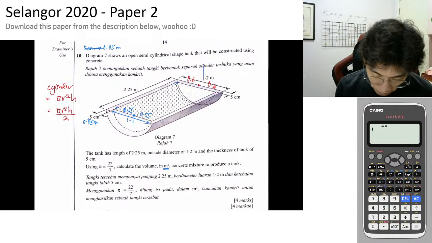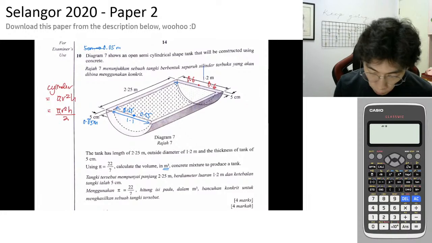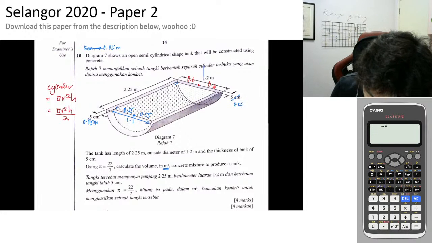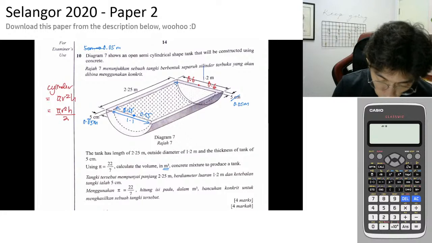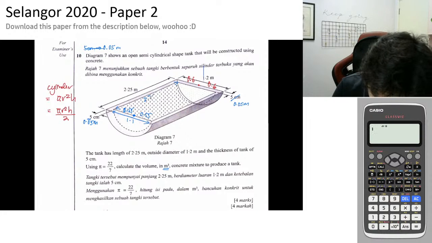You minus the gap. The gap is also 0.05 meters. Minus 0.05 meters, minus 0.05. So you will get this as 2.15 meters.